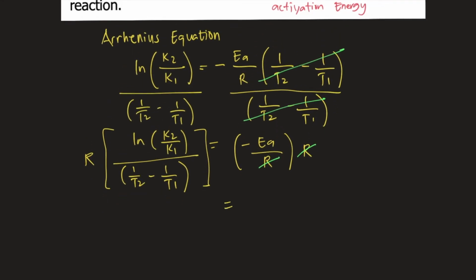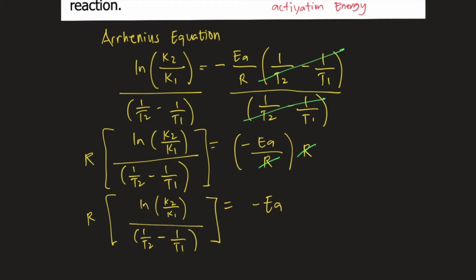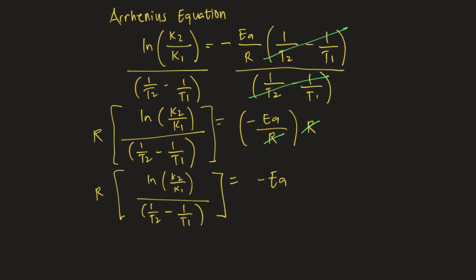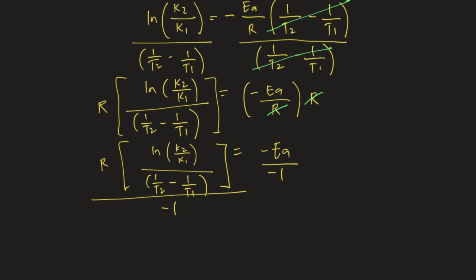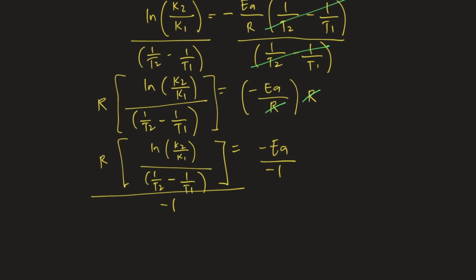So your equation would be -Ea = R times ln(K2/K1) divided by (1/T2 - 1/T1). And to get rid of the negative sign beside Ea, you need to divide both sides by negative 1, so the negative would cancel out.